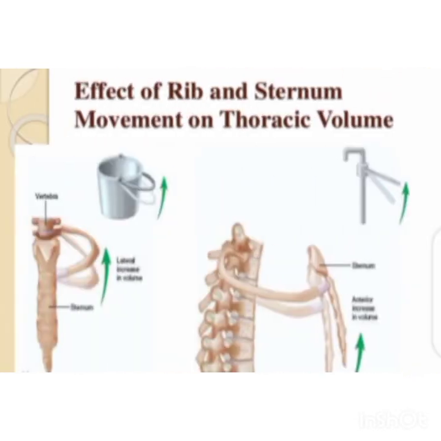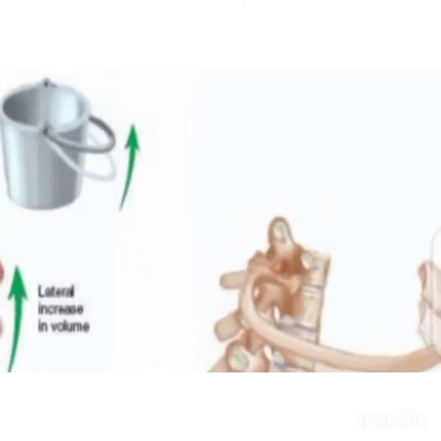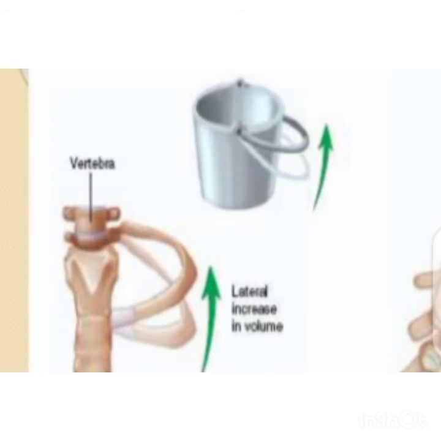Effect of ribs and sternum movement on thoracic volume. You can see the effect of rib and sternum during breathing here. This is the vertical, this is on the sternum.